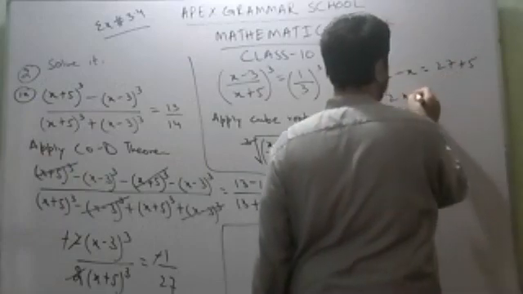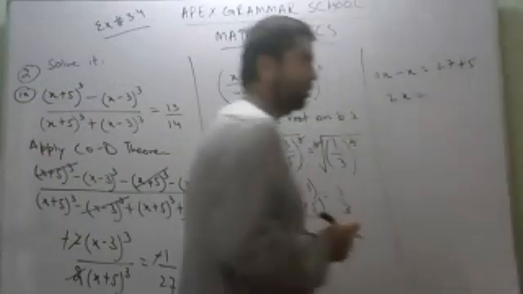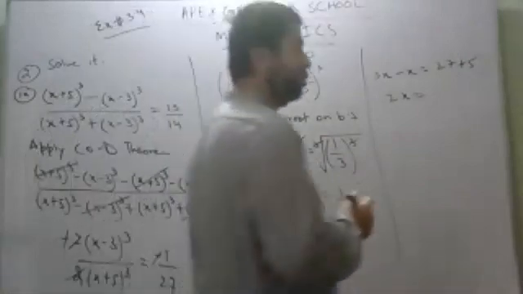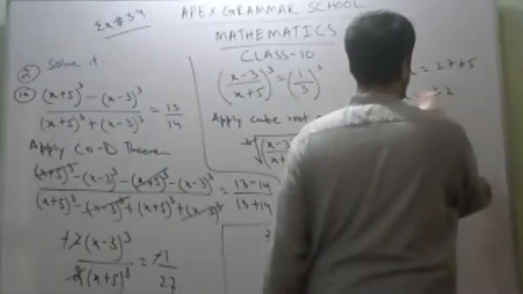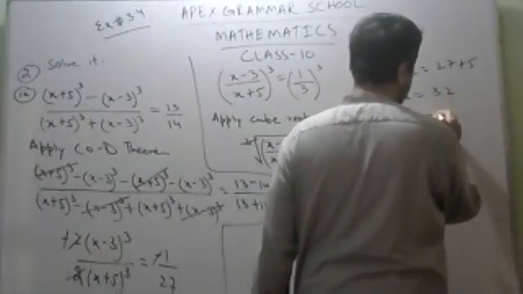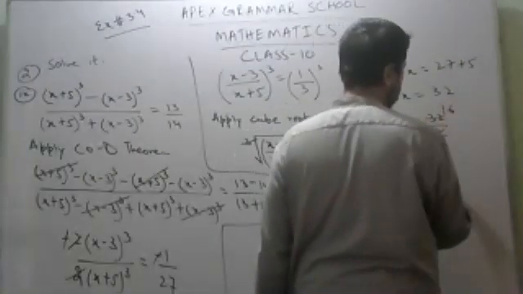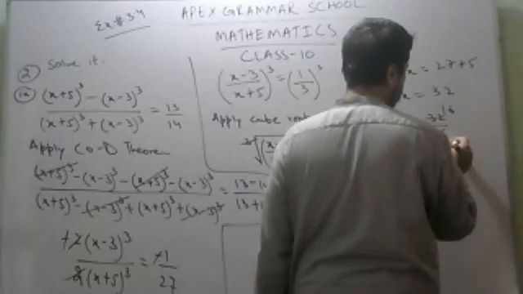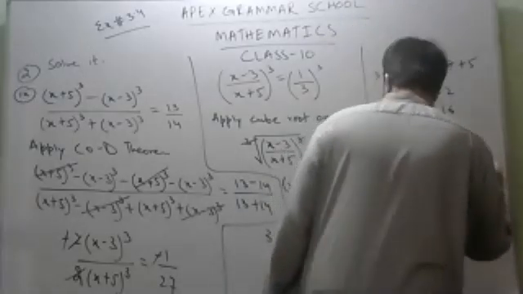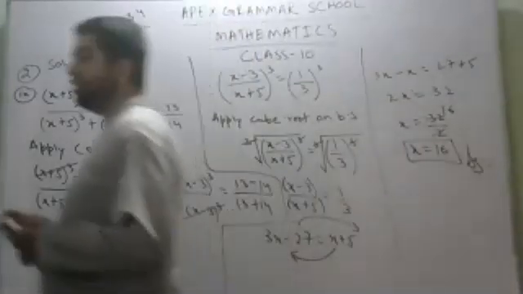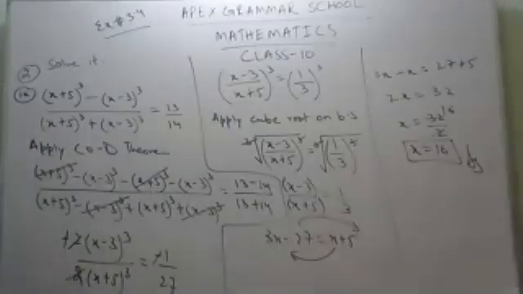This will be 2x is equal to 14. So 2 will be divided there, and the value of x is 7.